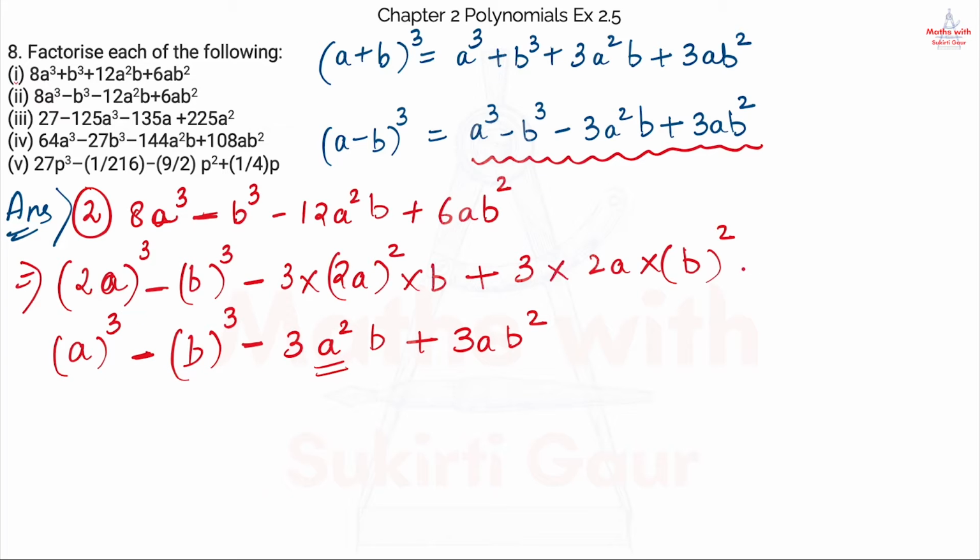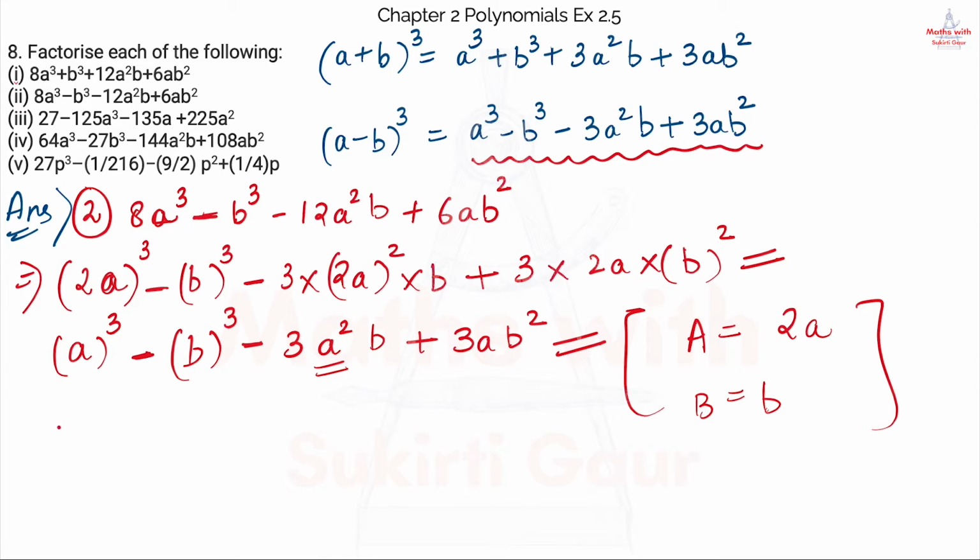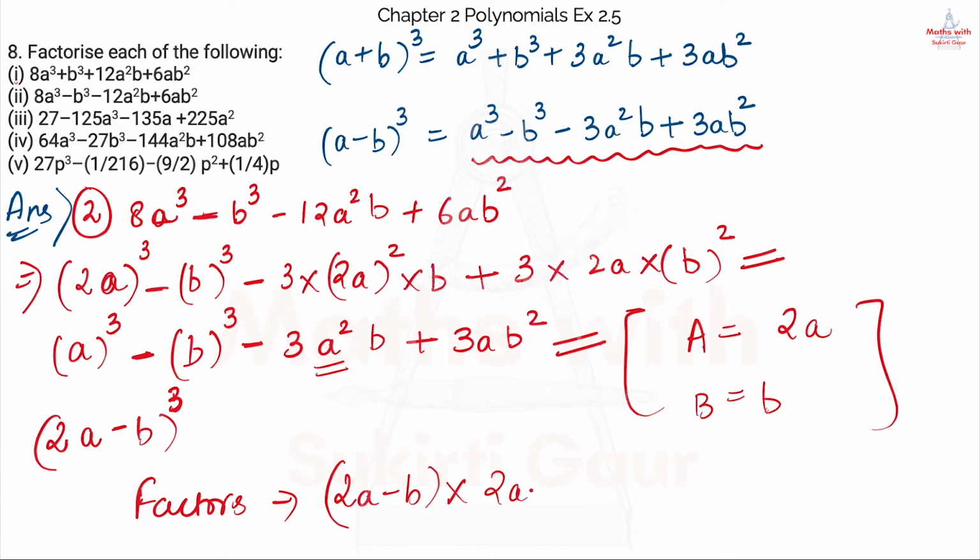Comparing this line with the expansion, this is the expanded version of (a minus b) whole cube, where we take a as 2a and b as b only. So it is (2a minus b) whole cube, and the factors are (2a minus b) into (2a minus b) into (2a minus b). These are the factors of the second part.